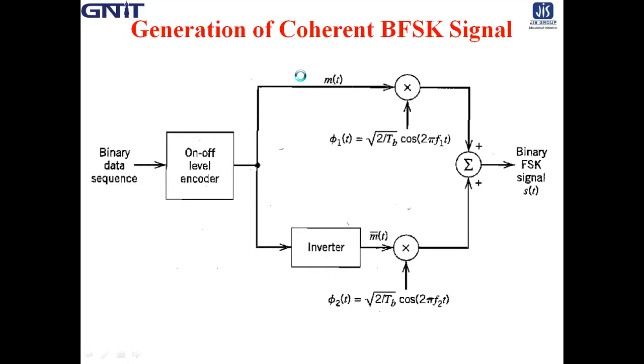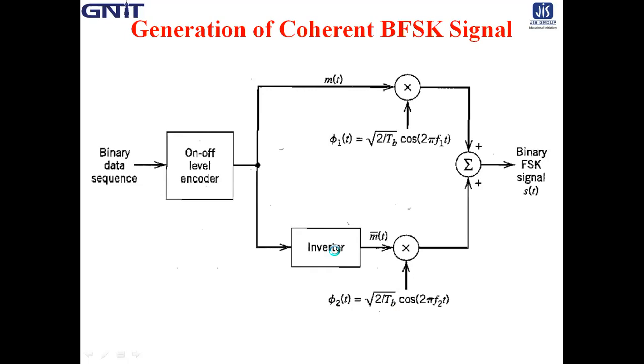By using an inverter in the lower channel, see in the figure, we in effect make sure that when we have symbol 1 at the input, the oscillator with frequency F1 in the upper channel is switched on, while the oscillator with frequency F2 in the lower channel is switched off, with the result that frequency F1 is transmitted.